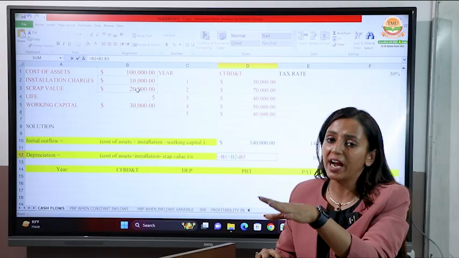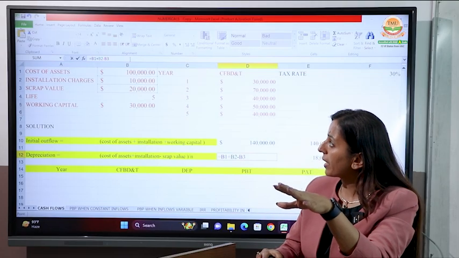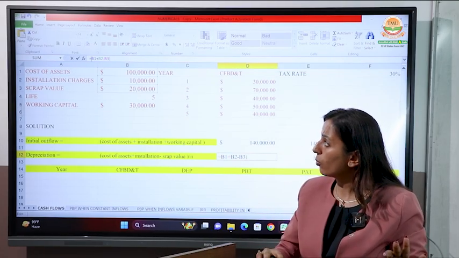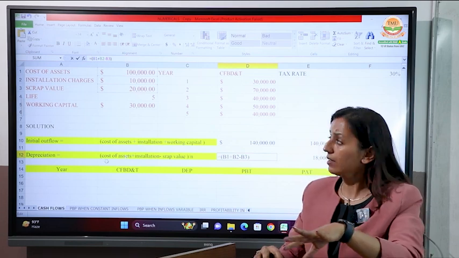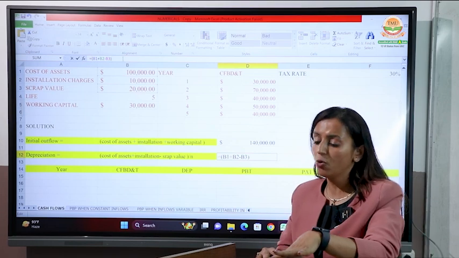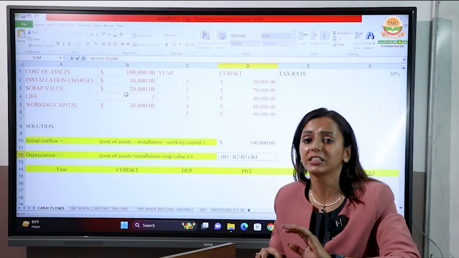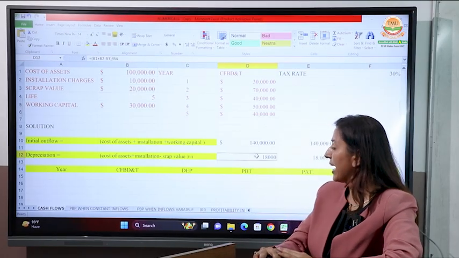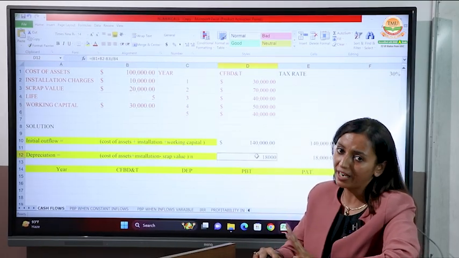As we have to divide it, put it in a bracket, close the bracket, and then divide this value by the life of the assets, that is 5 years. We get the depreciation amount of 18,000 rupees.